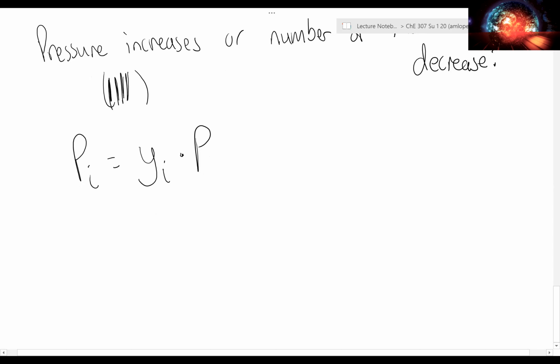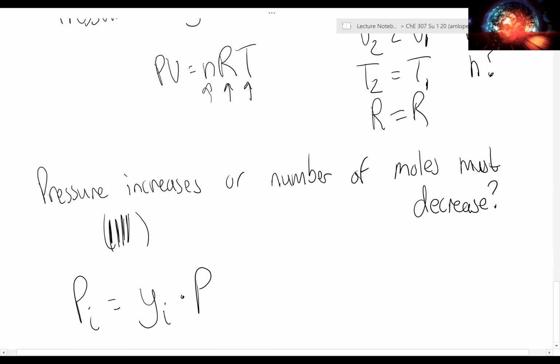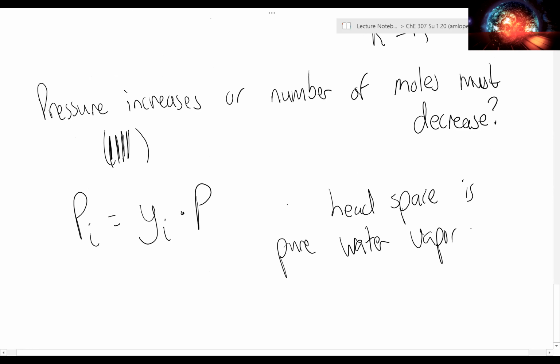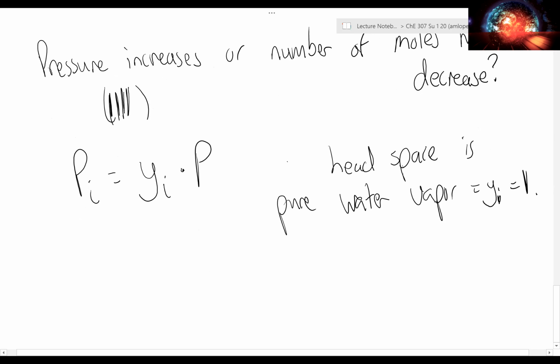And so this tells us a couple things. If the headspace is pure water vapor, y_i would be 1, right? And so the partial pressure of the system is equal to the total pressure, if I'm saying everything is pure water vapor.